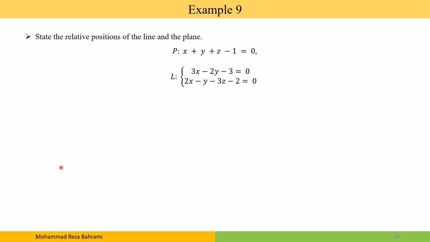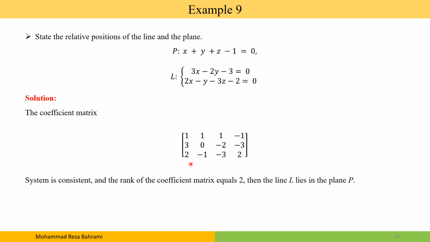Let's have some examples here. We want to state the relative position of the line and plane. So we have the equation of the plane and the equation of the line. In this case, we have a coefficient matrix, as you can see here. So we have 1, 1, 1, minus 1, 1, 1, 1, minus 1, and you can do it for the other equations as well.